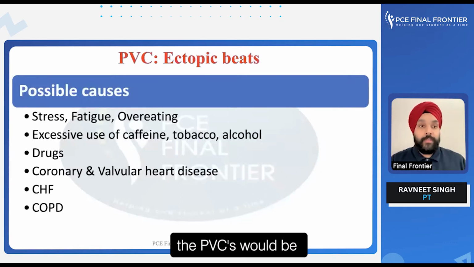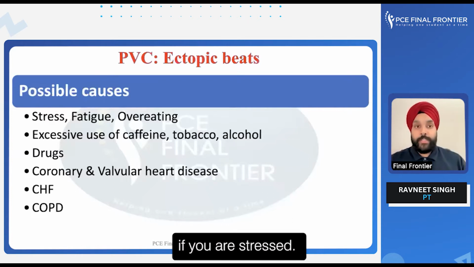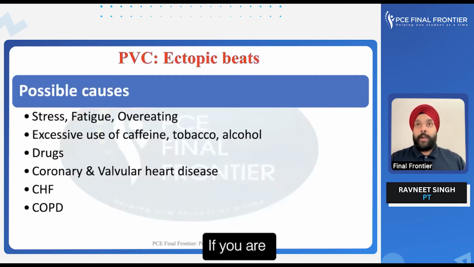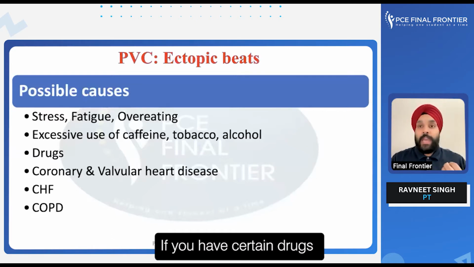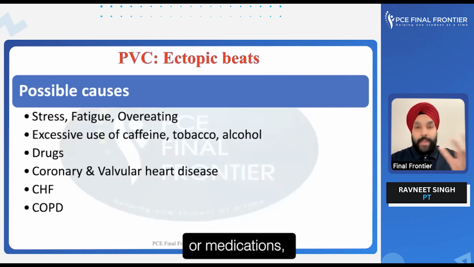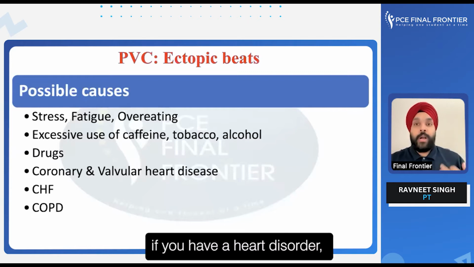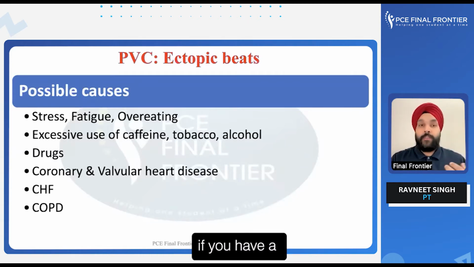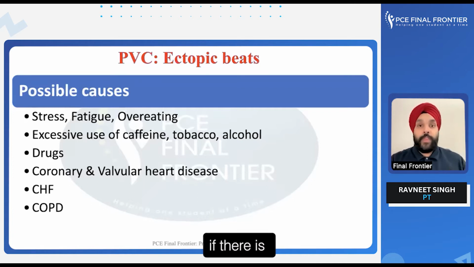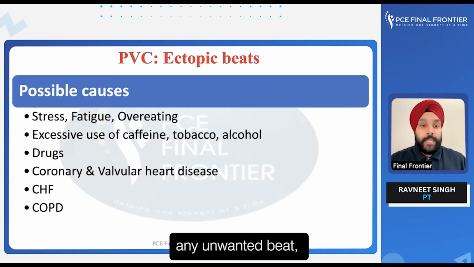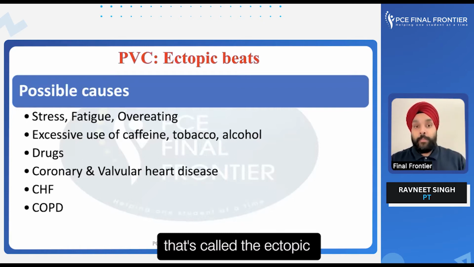The reasons for PVCs would be if you are stressed, if you are drinking a lot of coffee, if you have certain drugs or medications, if you have a heart disorder, if you have a respiratory disorder. Due to any reason, if there is any unwanted beat, that's called the ectopic or the PVC.